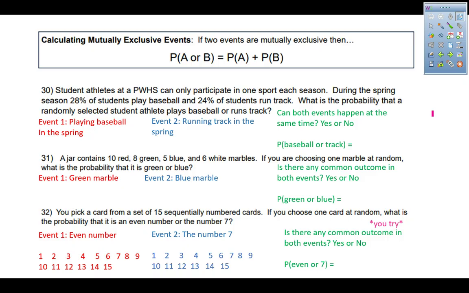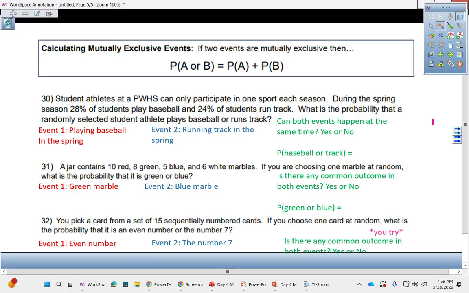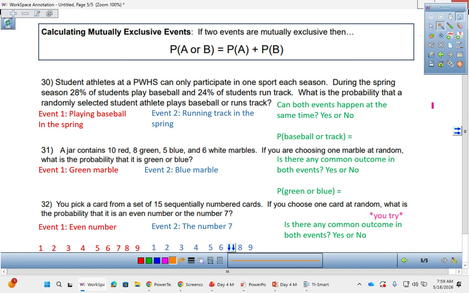So if you have a mutually exclusive pair of events, then to calculate their probability, you'll take the probability that the first event happens and add it to the probability of the second. So the probability of a student playing baseball in the spring is 28%. The probability of a student running track in the spring is 24%.